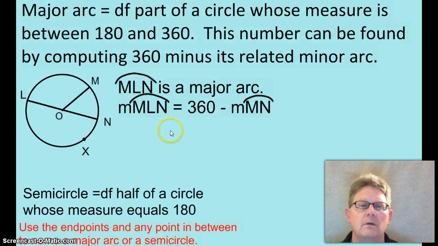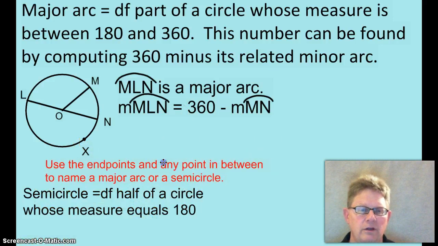Oops, missed one. A major arc is defined as part of a circle whose measure is between 180 and 360. This number can be found by computing 360 minus its related minor arc. You are going to use the endpoints and any point between them to name a major arc or a semicircle.